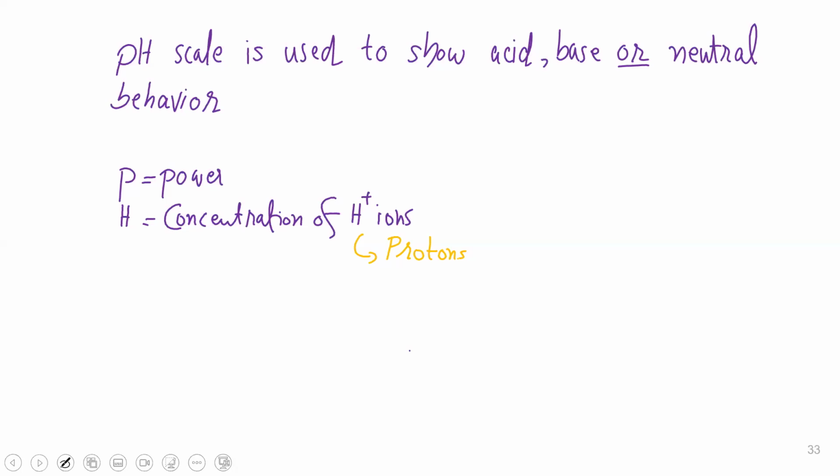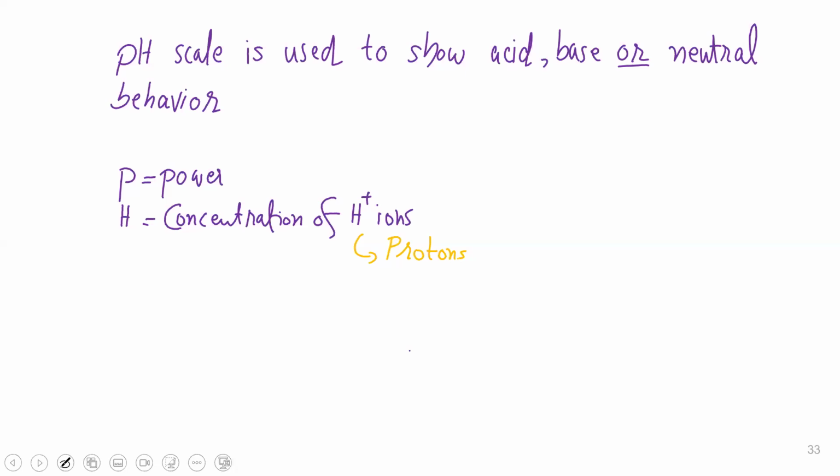Imagine how or why H plus ions are being called protons. Because hydrogen has only one proton in the nucleus and one electron in the shell. So when the electron is gone, it is just H plus, positive.